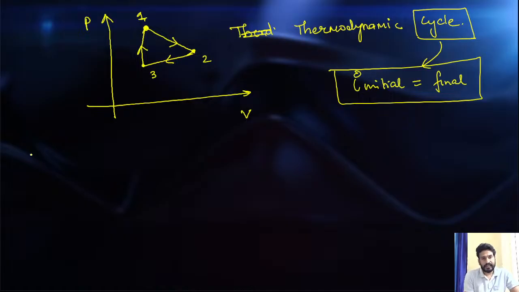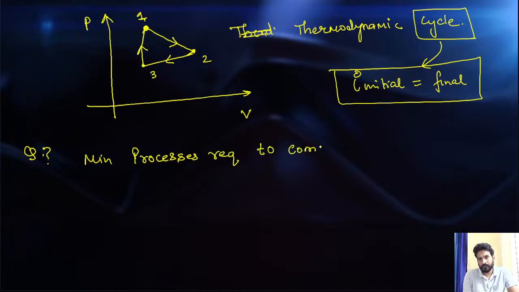Okay, so if I'm asking you a question, guys: what is the minimum number of processes required to complete a cycle? Please tell me.